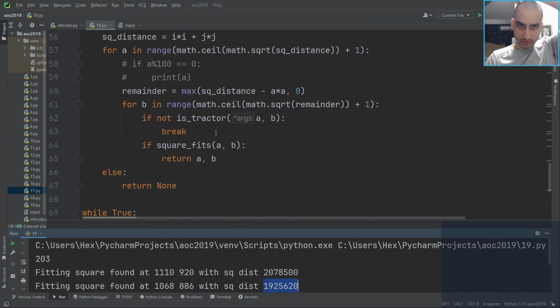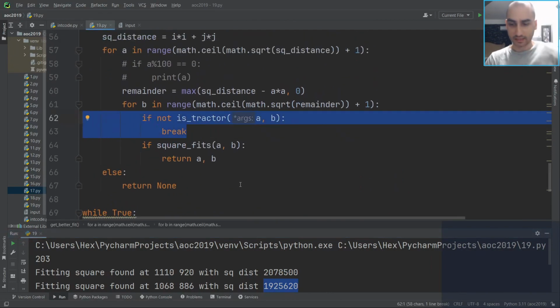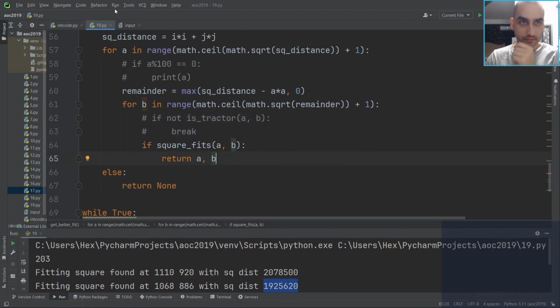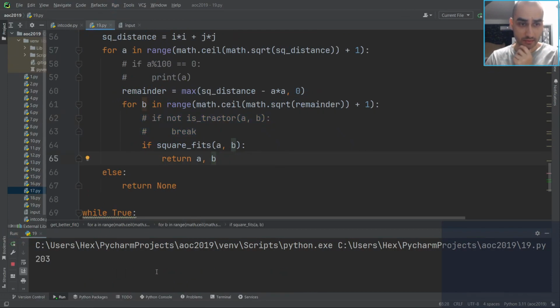Also, I think we made a mistake. We're not allowed to do this one here. Let's take that out. This will actually make it run slower, but I guess it's supposed to.